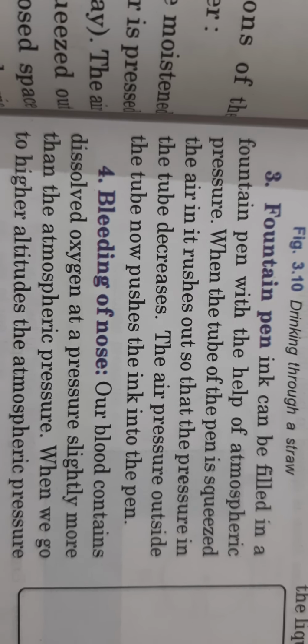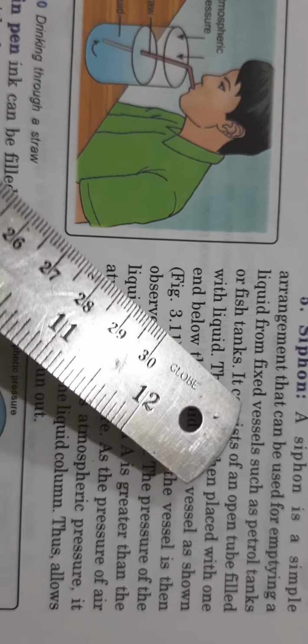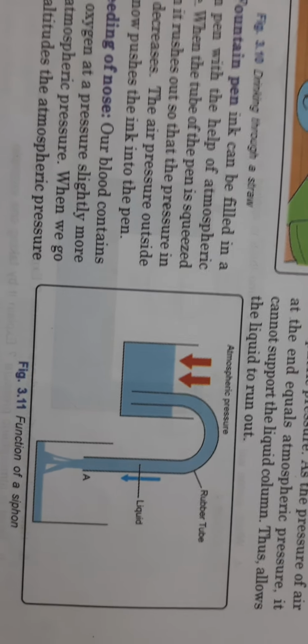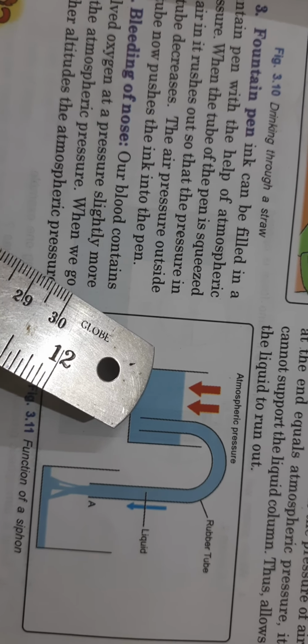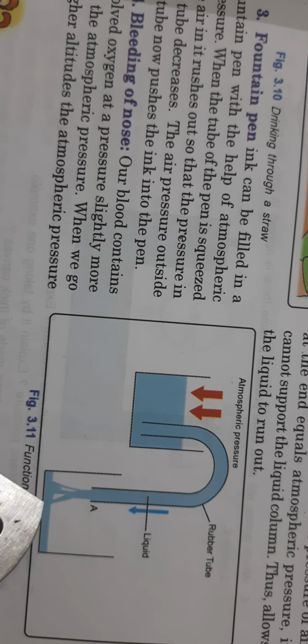And the last example they have given about atmospheric pressure is about a siphon. Now I am going to use the diagram that is given over here to illustrate how a siphon works. As you can see, this container contains some liquid, say water. There is a pipe connected this way in the shape of a U, and there is another empty container placed at the bottom. So this filled container is at a higher height compared to this empty container.